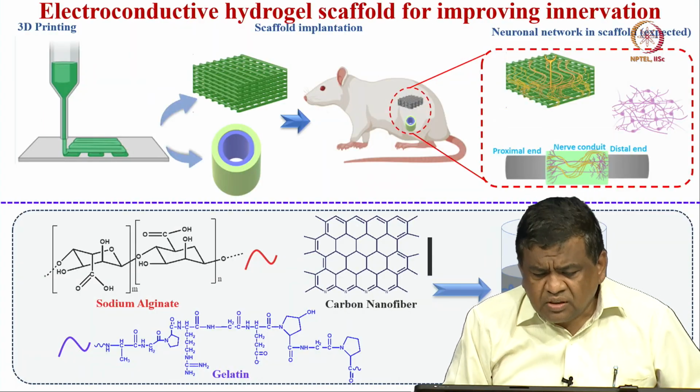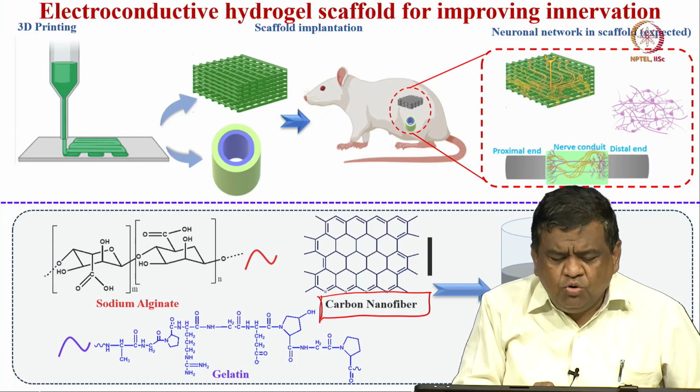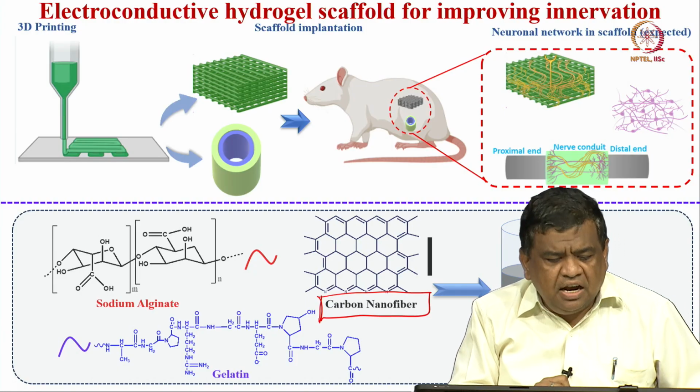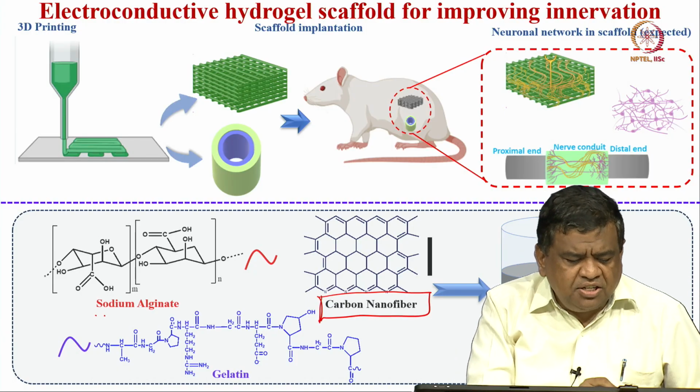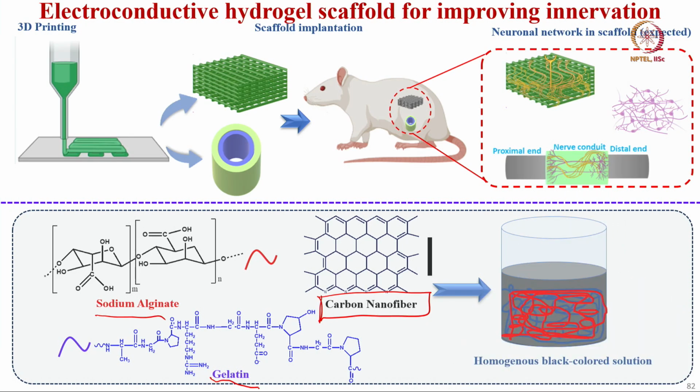Now, as I said, carbon nanofibers are used as one of the electroactive fillers to that alginate, sodium alginate and gelatin hydrogels. In this particular case, we use these animal models, and these particular scaffolds we have essentially implanted into the animal model.